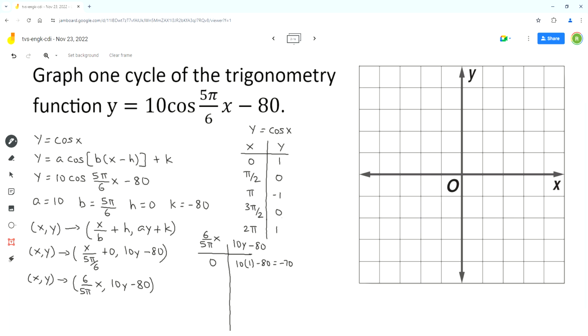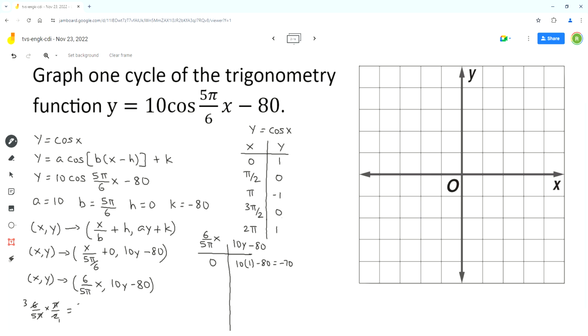Now we'll use the second point from the parent function table of values. We'll sub in x as pi over 2. So 6 over 5 pi times pi over 2 will be equal to 3 over 5. So I can show you the steps for that. We can cancel out the pi's. We can reduce the 6 and 2.